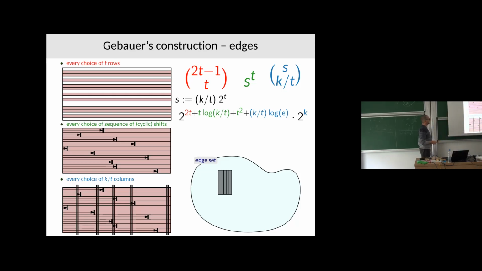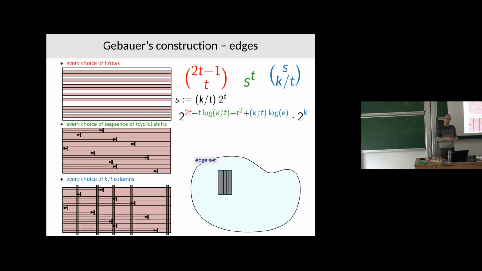Now the argument is that we want to show that there is some choice of the cyclic shifts in which k/t columns are going to be monochromatic.